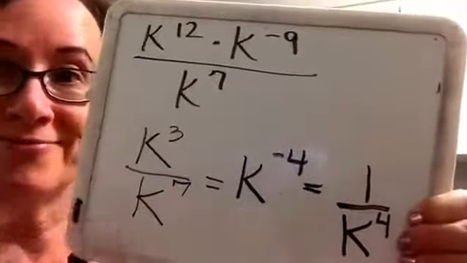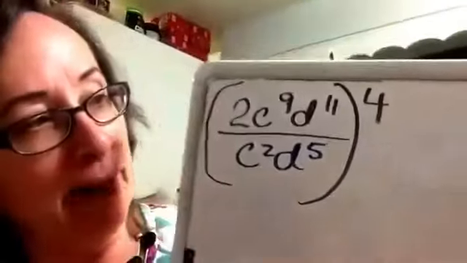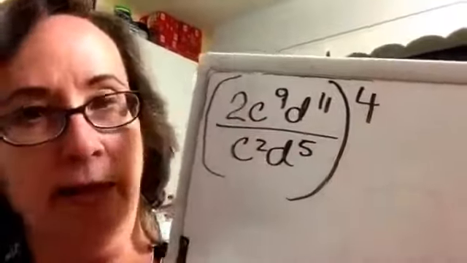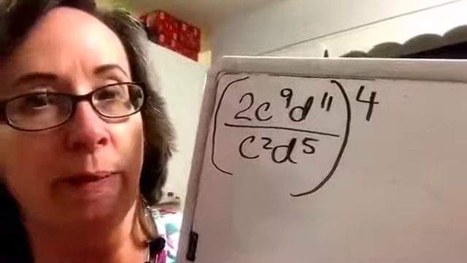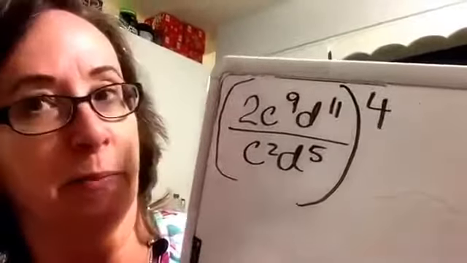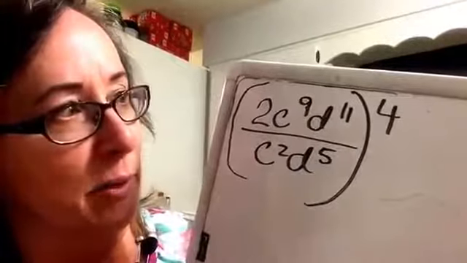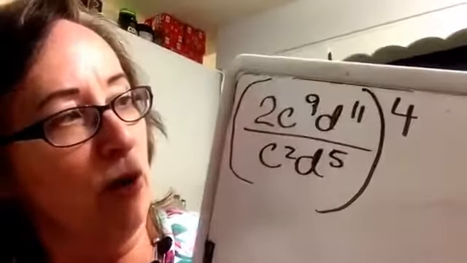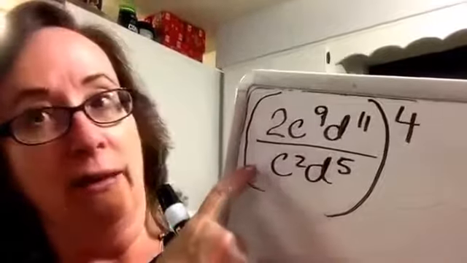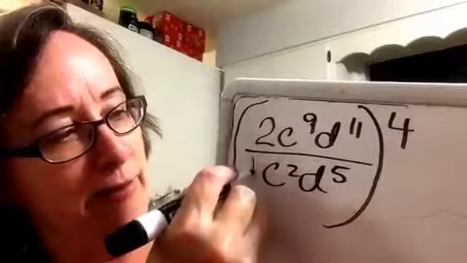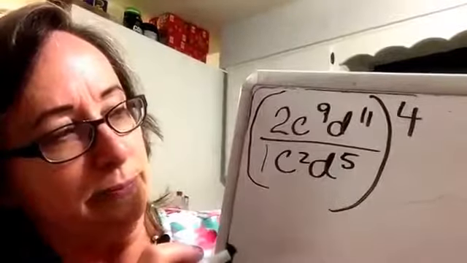All right, so now we have a big quotient raised to the 4th power, but notice that each part of the quotient is a series of products here. So we've got 2 and 1 on the bottom. Remember, there's nothing there, so that's a 1.